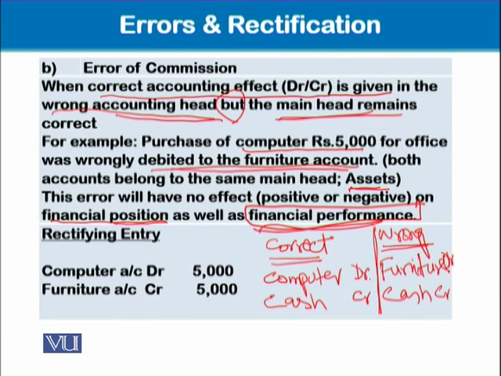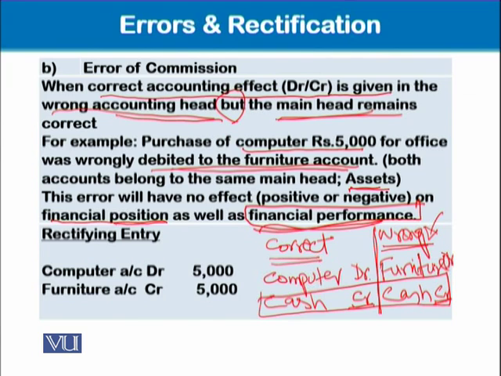So now cash, in the wrong entry, cash was correctly credited. So there is no issue with the credit effect. We have this thing same, which was supposed to be done and which has done. This is something that we have passed in our accounting books. So cash has correctly been recorded.